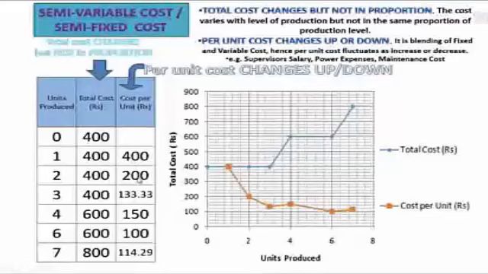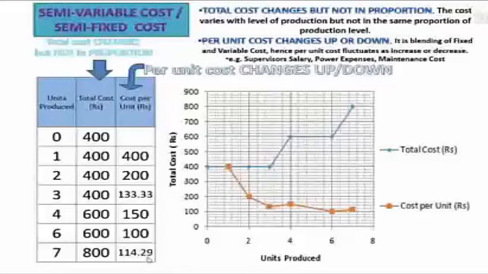Next, the production is increased further. Then the cost is 400. Per unit cost is now 133. When the production level is 4 units, suddenly total cost has increased. Till now it was constant. It has increased to 600. Now when we calculate per unit cost, it is 150.